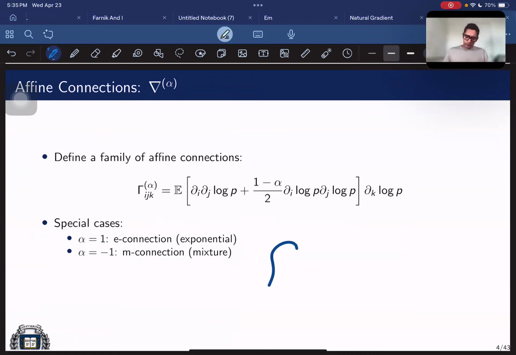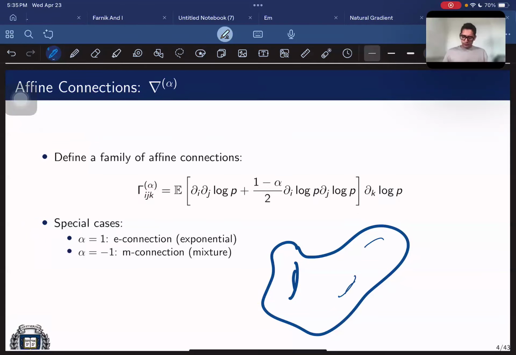If you remember from the last two sessions, if I start from a point P and given a vector field X at point P, if I walk along that X to get to the point P plus epsilon X, very close to point P, the affine connection tells me what happens to other vectors.